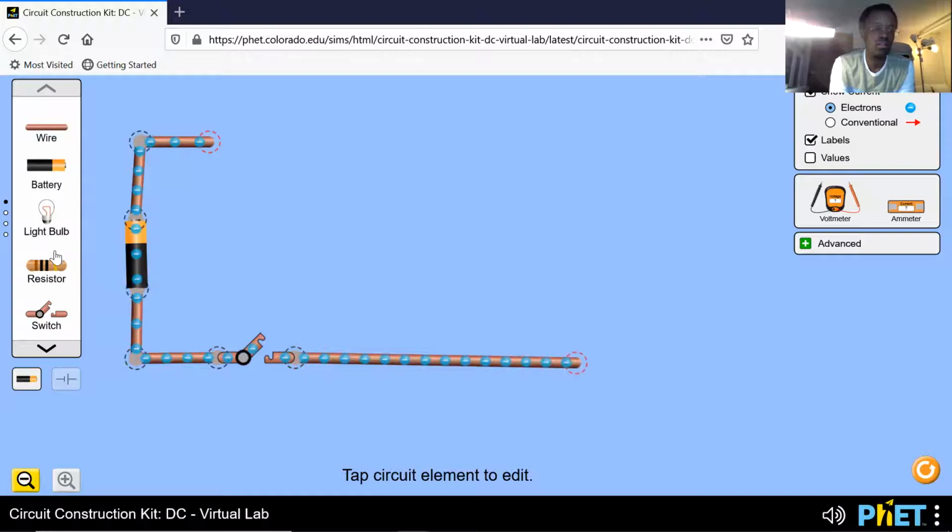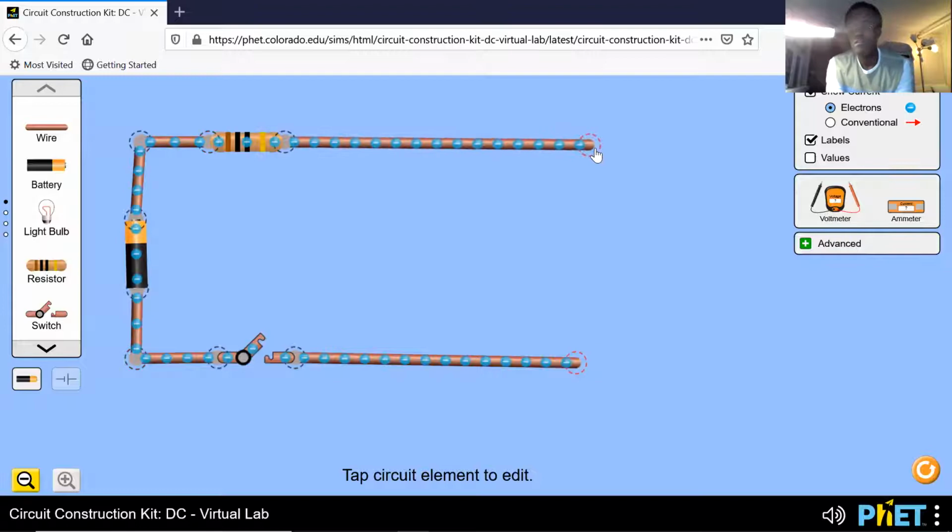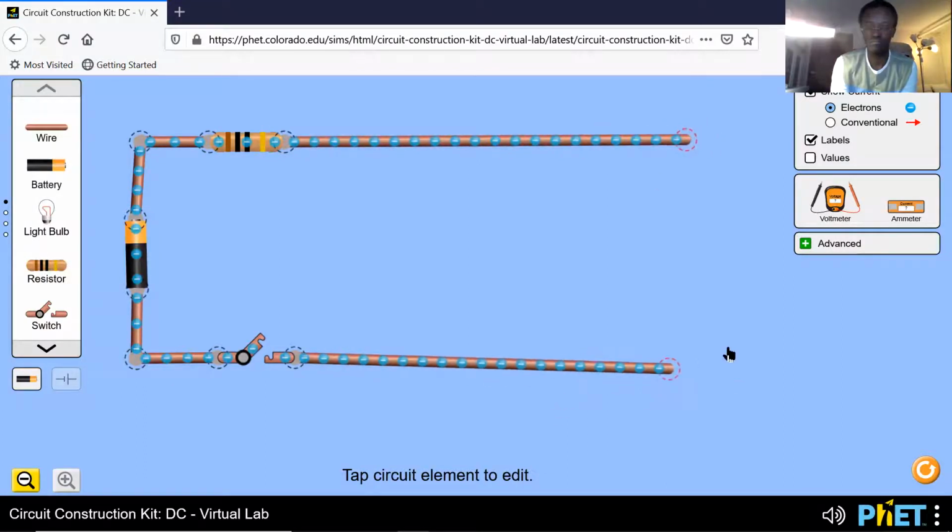And I will need the resistor. The last wire.